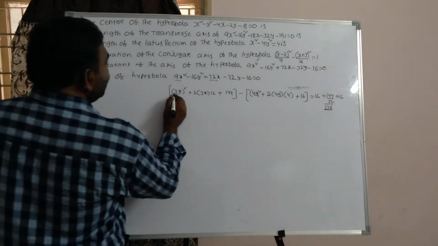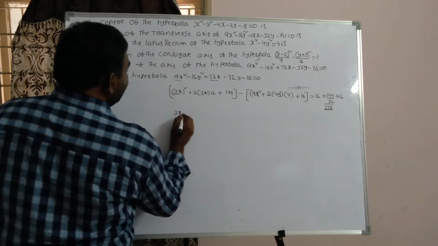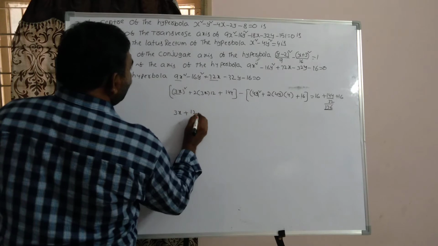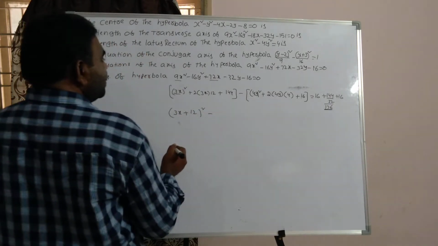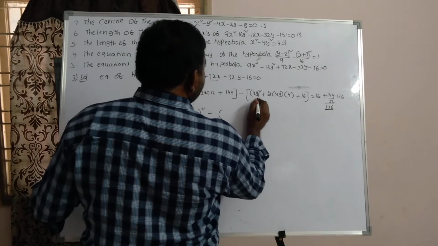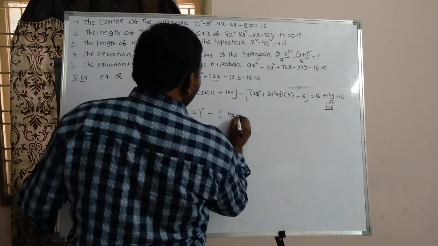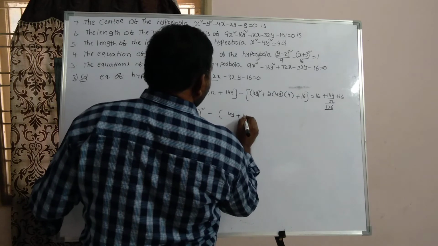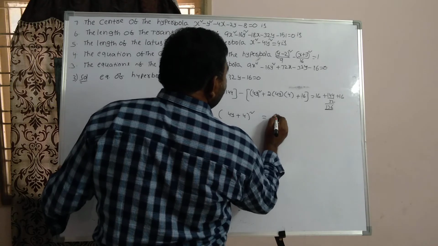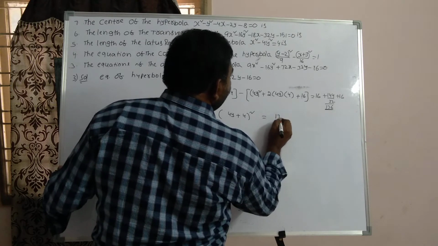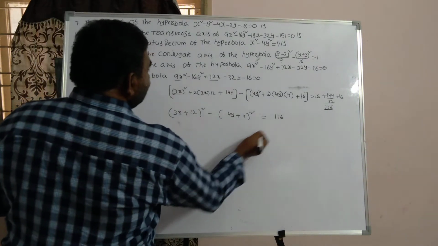So here it can be written as a plus b whole square. That means 3x plus 12 whole square minus, here also it can be written as a plus b whole square, so 4y plus 4 whole square is equal to, this side we get 176. Here 176 bring this side.